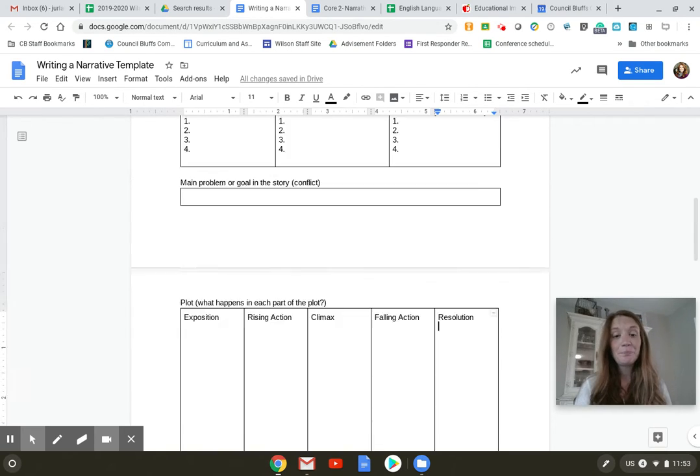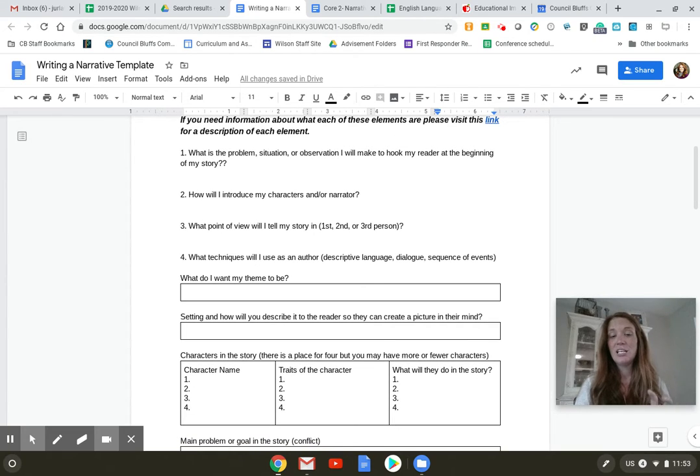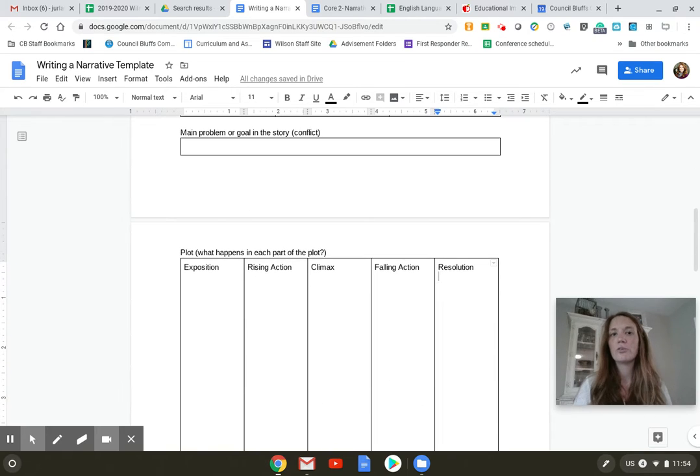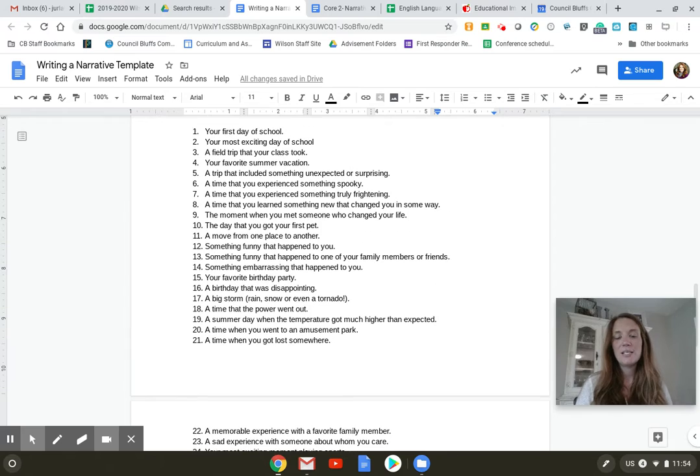As a writer, I might only put just a couple of notes on each of these and then I'm ready to write. Other people might need a little bit more time with the organizer and they might really spend a good amount of time working on the organizer. So that way, when they're prepared to write, they can just take their organizer and convert it over to writing.